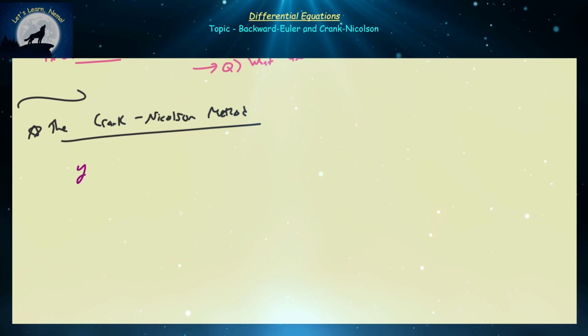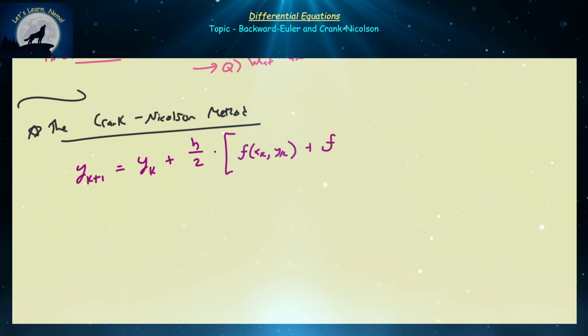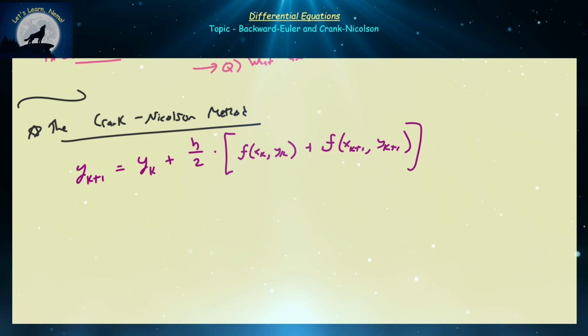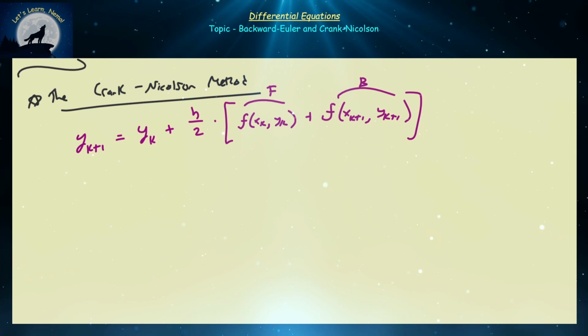And the general form follows as so. y_{k+1} will be equal to y_k plus h over 2 times the average of f(x_k, y_k) and f(x_{k+1}, y_{k+1}). So there's your Forward Euler, there is your Backward Euler term, and the over 2 corresponds to the average of those two objects.